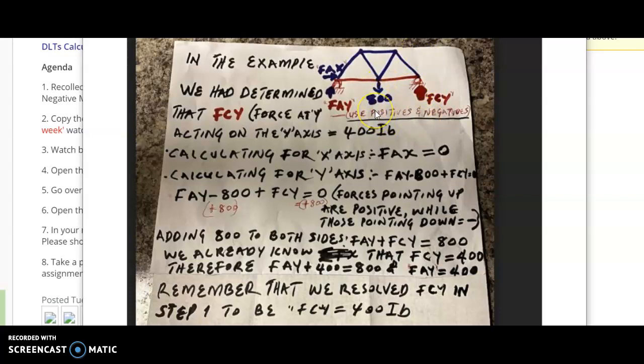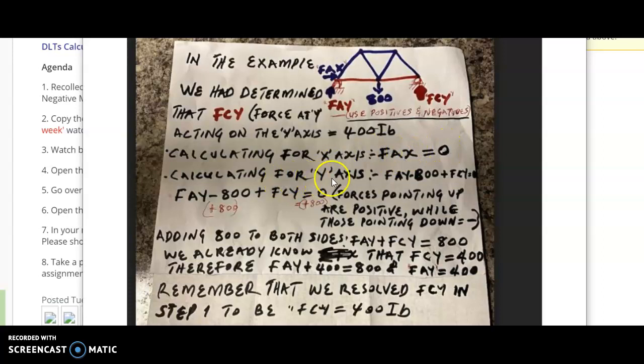All right, let's go back to the x-axis. Because there's only one force acting in the direction of the x-axis, FAX, the total of the forces on the x-axis must equal 0. So if it's only FAX, then FAX must equal 0.